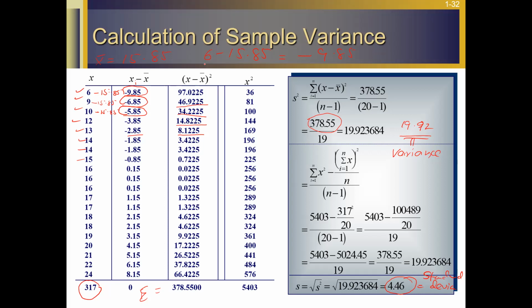Again the second value, 9: 9 minus 15.85 is minus 6.85. Likewise you can fill out all the other places and find the sum, sigma xi minus x bar, which is actually 0.